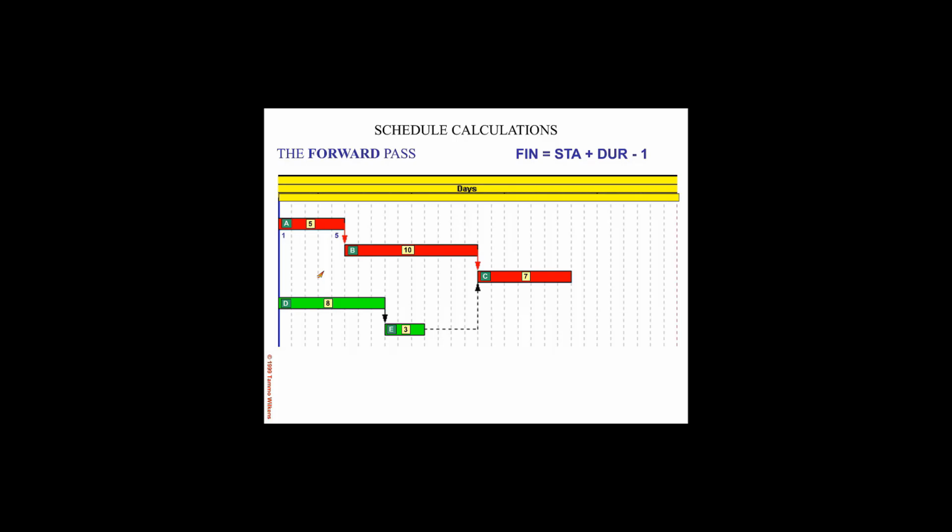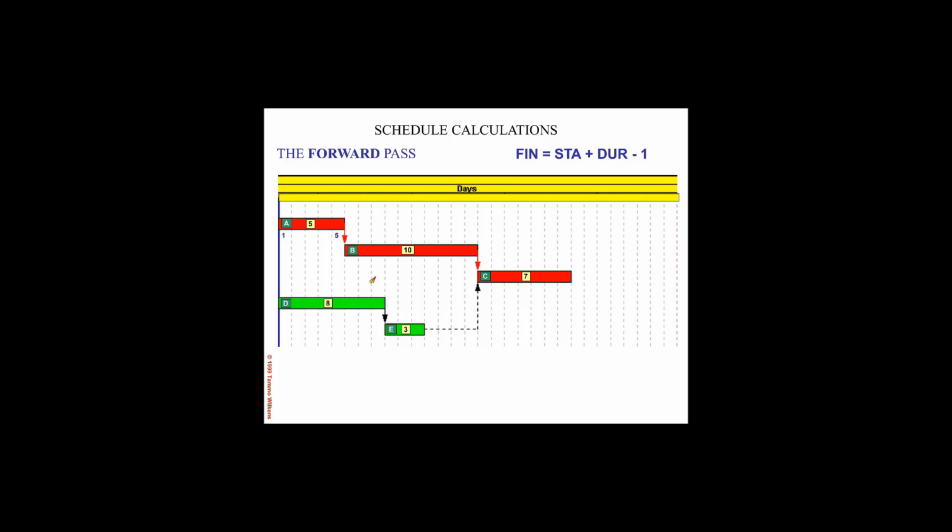If we look at activity B, it slides all the way to the left until it bumps into A. With the AM and PM convention, activities always finish at the end of the working day and they start at the beginning of the working day. So the dashed lines separating the days effectively represent the nighttime hours on a normal working project.